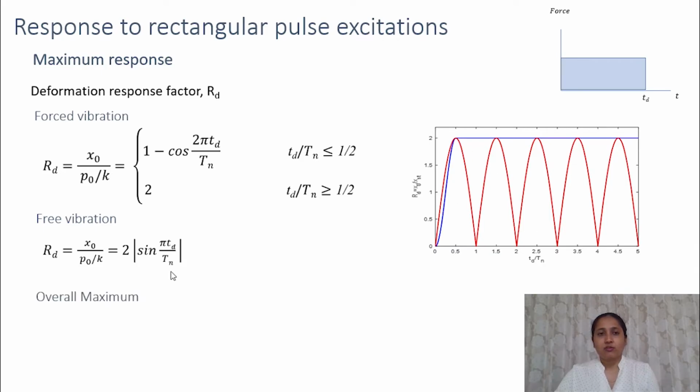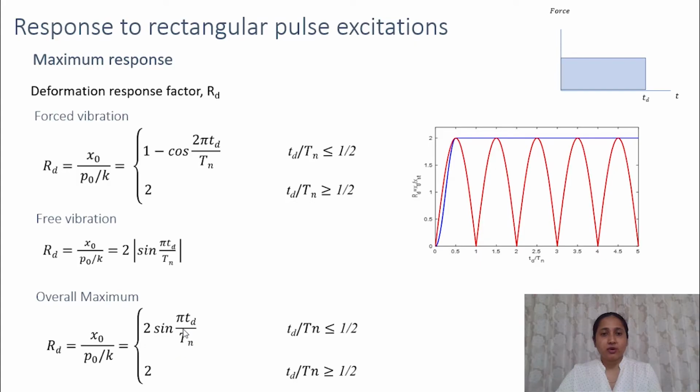And the overall maximum amplitude, the overall maximum response will be the envelope of these two curves. That is the maximum of these two red and blue values. So we know these two curves, so we can find out the envelope curve. So the overall maximum Rd would be 2 times sine pi Td by Tn when Td by Tn ratio is less than half.